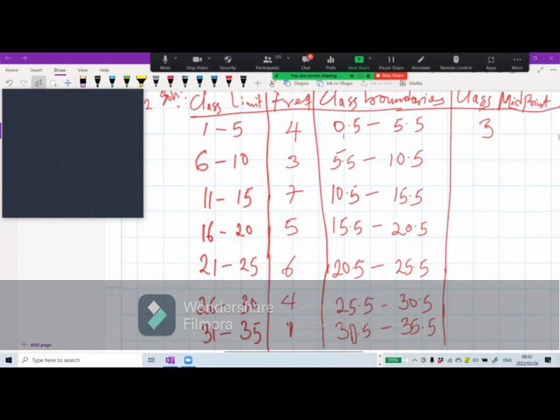Then I said 0.5 plus 5.5 is 6. I'm just giving you a different way of calculating class midpoint. It's the same question. So when you add the two together, you have the same answer.